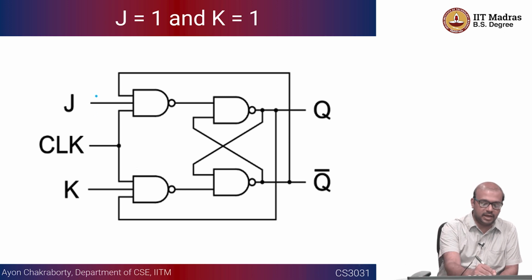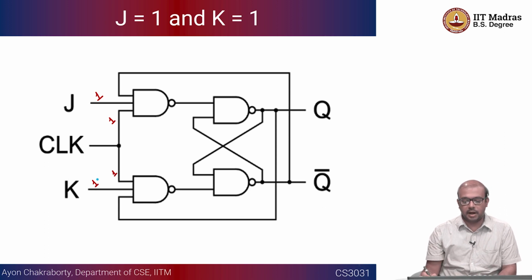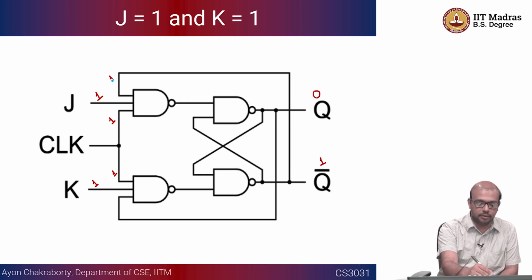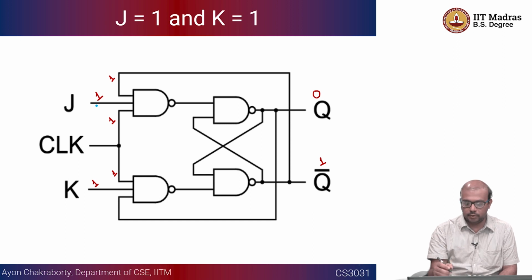So j is equal to 1, clock is equal to 1, and k is equal to 1. And what is the value of q? You can take some value of q. Let's say the value of q is 0. Okay, and then q bar is going to be 1. So if q bar is 1, this value is going to be q bar, so that is equal to 1, and if q equal to 0, this is going to be 0.